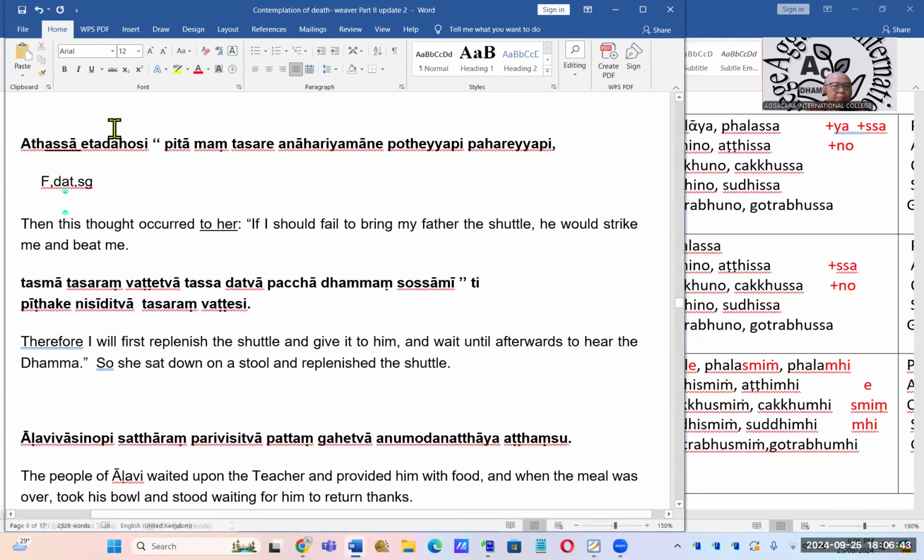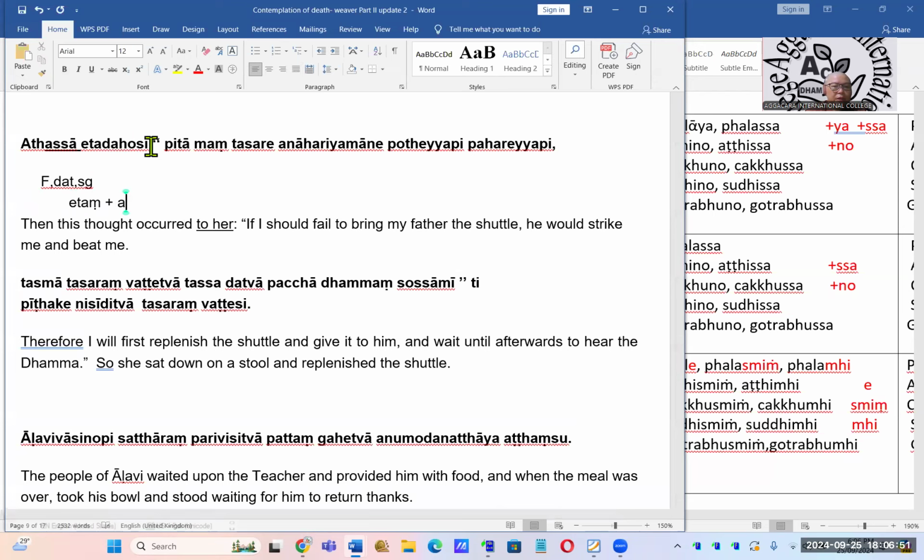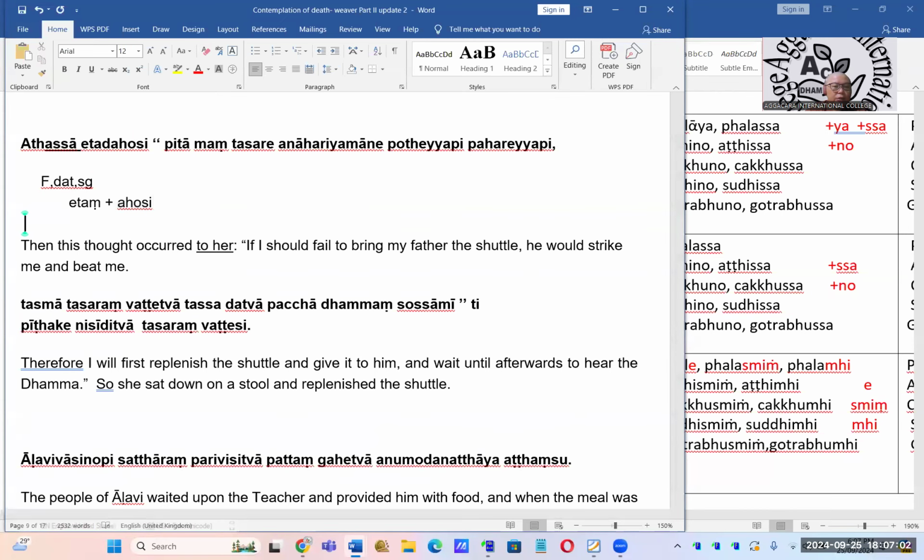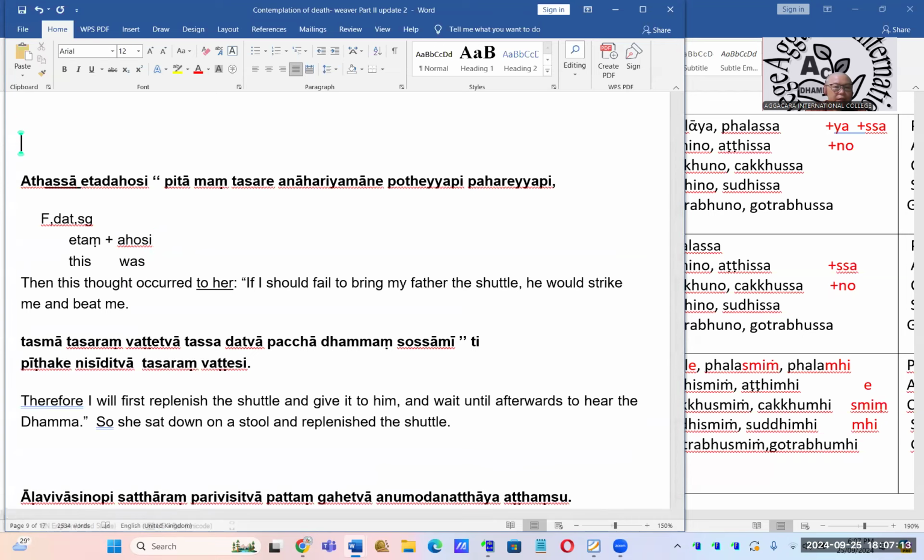Now, etam ahosi is actually two things: etam plus ahosi. Ahosi here is not a present tense, but a past tense. Direct translation, etam is this, which we saw before. Ahosi is was. Now how do you get this ahosi? I'll write it here. From the word bhu. Remember we saw this one, bhu. Sometimes bhu can change to ho plus ti, hoti.